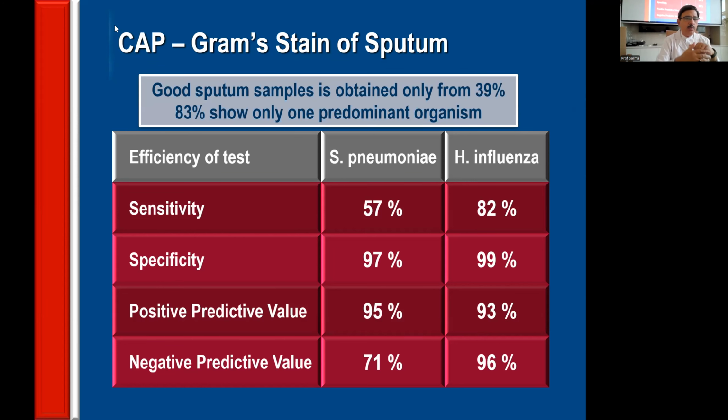A good sputum sample is obtained only from 39% of the patients. They will give what? They will give saliva or from the tongue. What will be there on the tongue or the saliva? Nothing. So, what do they have to do? How to collect a good sample of sputum is itself a technique.